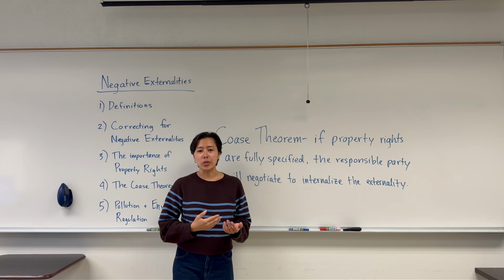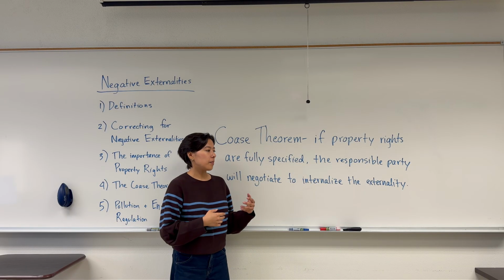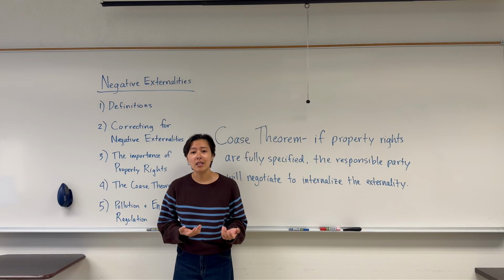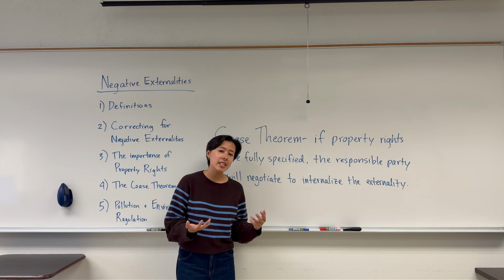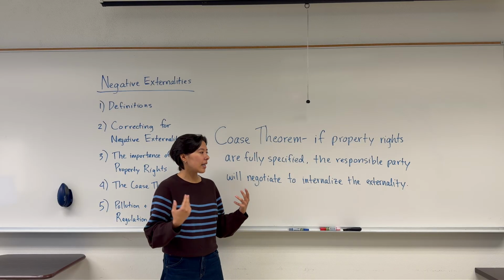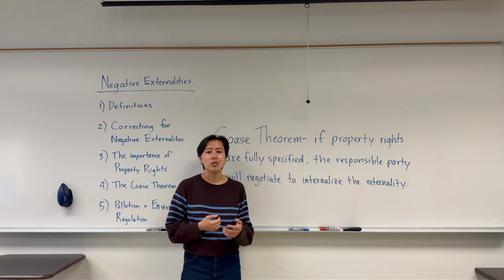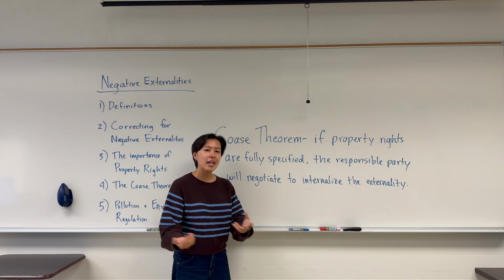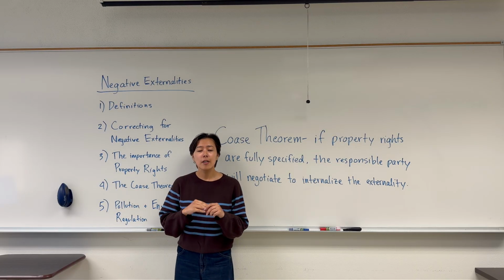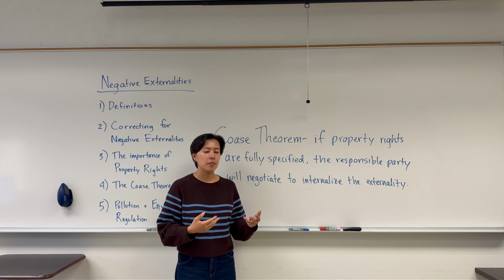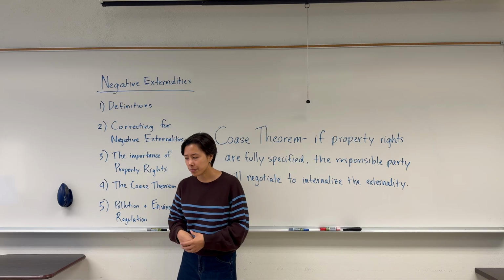So maybe I reduce my production, I get some new technology that allows me to produce my product more cleanly. If I can't find some way to reduce my externality, then I will just have to pay out the residents of the town directly for the damages that I'm doing to them in the form of pollution.